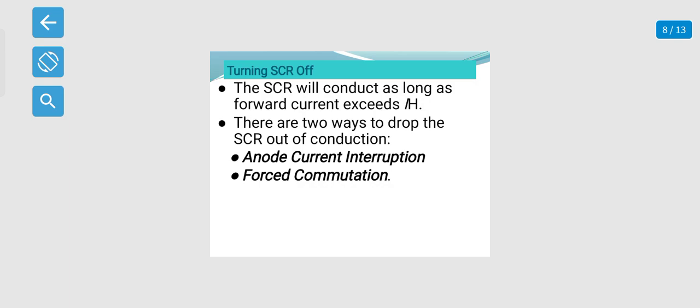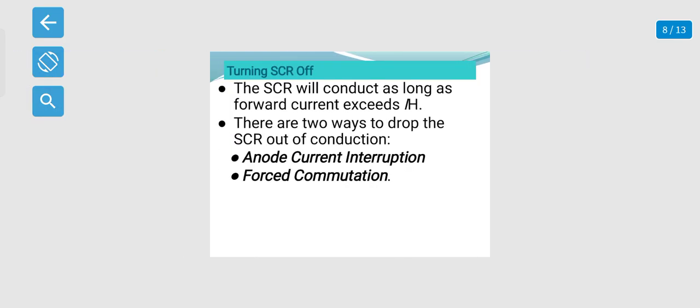A conducting SCR can be turned off with the help of an external circuit by reducing the anode current below the holding current for a specific time. During this time, the stored charge inside the device is removed due to internal recombination of carriers.